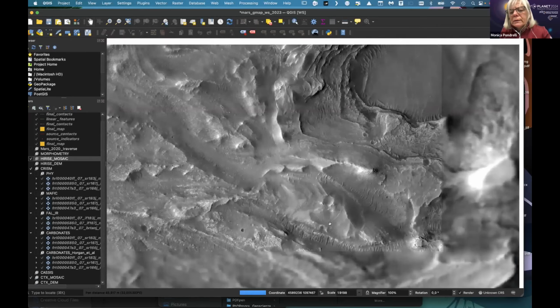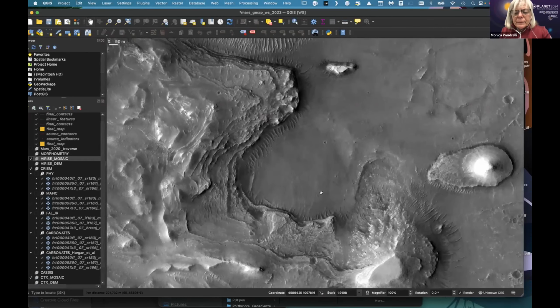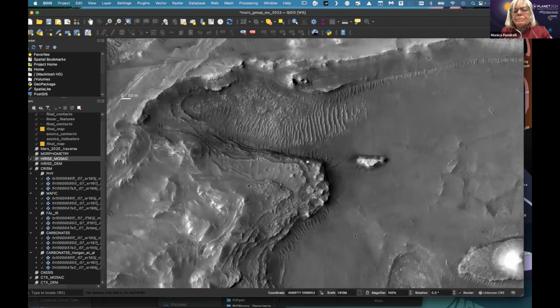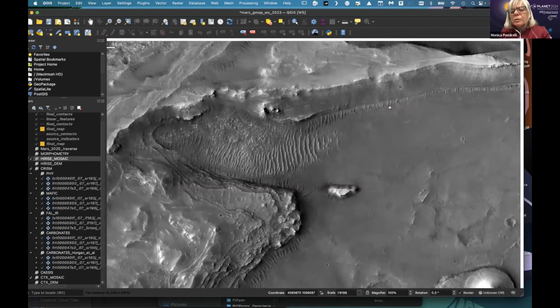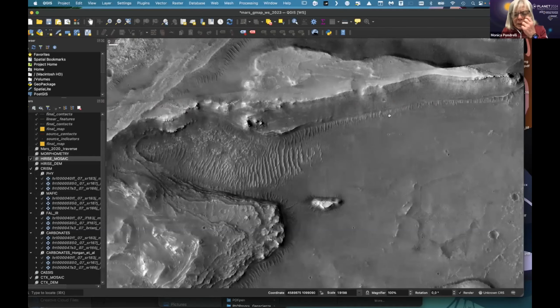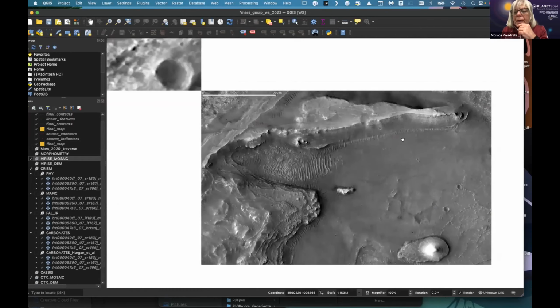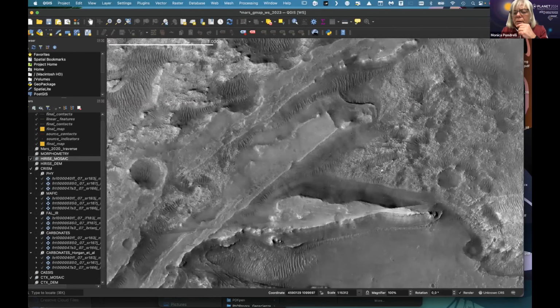Maybe we can have a look at the frontal part of the delta, also to think about the possible relations between the delta and unit D, and of course also unit C. This is a nice spot because we have three units intersecting each other.